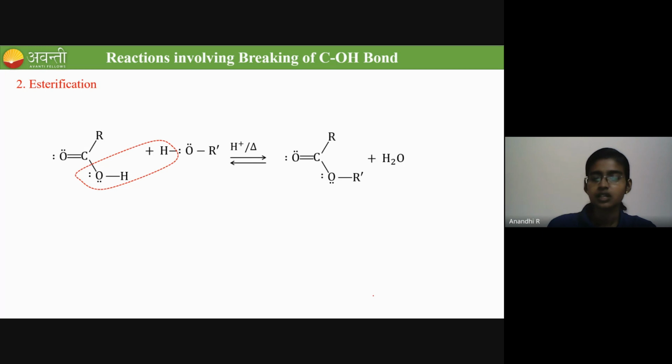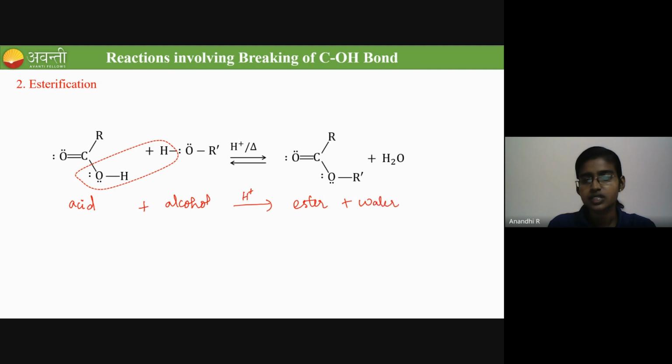Here, this part is the carboxylic acid part, and this is the alcohol. When acid reacts with alcohol in presence of acidic medium, it forms ester and water. So this is the general reaction.